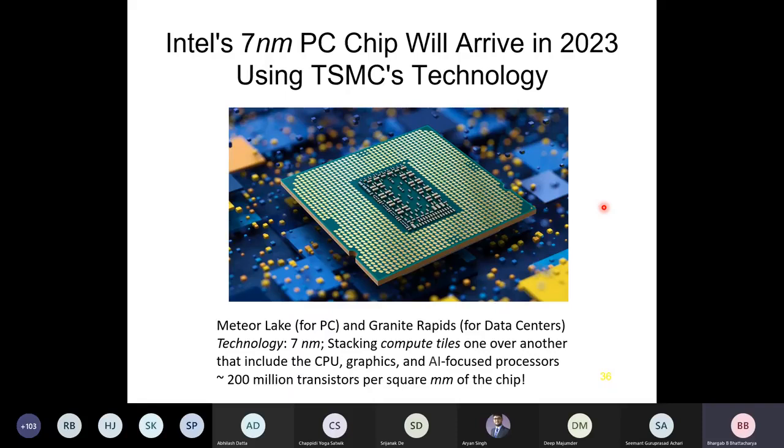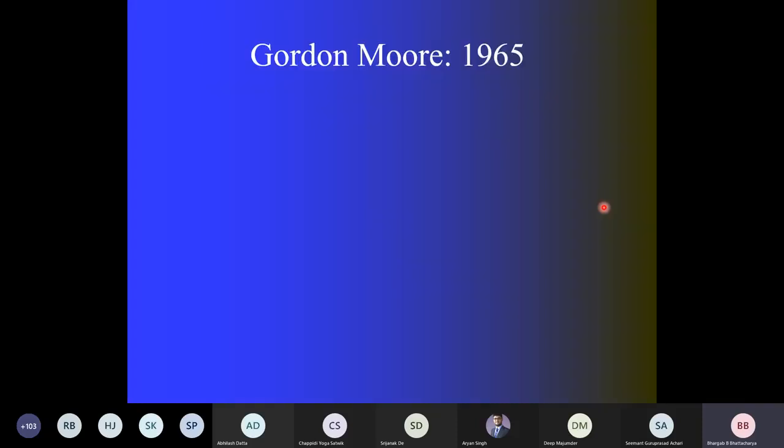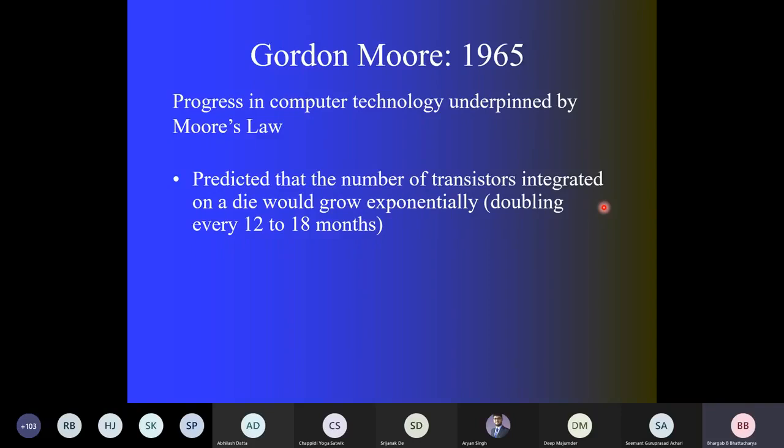So as you can see, the transistor density on a chip is growing at an exponential rate. As the technology advances, the transistor density also increases exponentially. And this is captured in what is called Moore's law. Gordon Moore, one of the co-founders of Intel Corporation, stated in 1965 what is called Moore's law, and it is a law which drives the semiconductor industry even now.